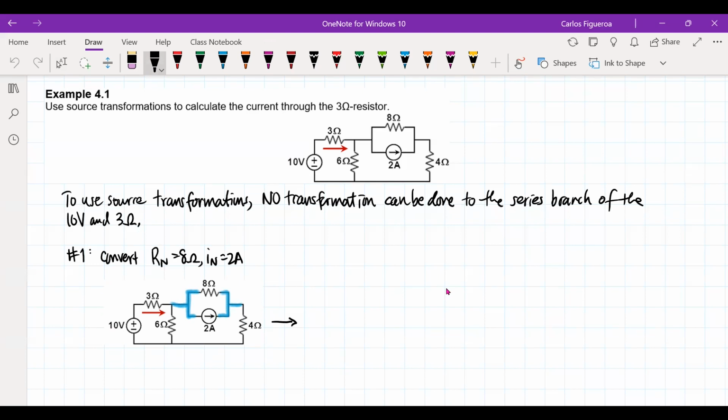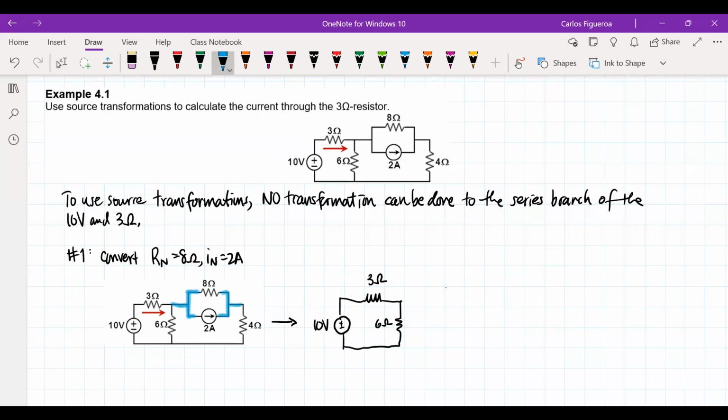So I'm going to do this. I'm going to have my 10 volt, and then you can see here I have my 6 ohm, and here's my 3 ohm. What I just did is a conversion.